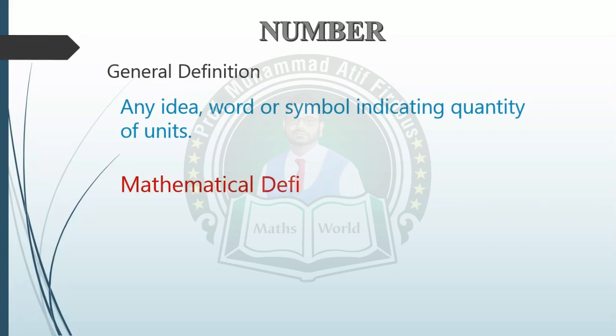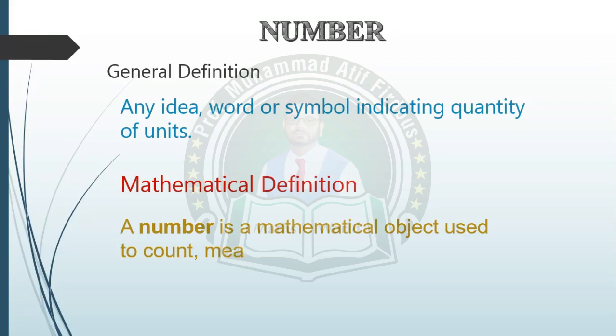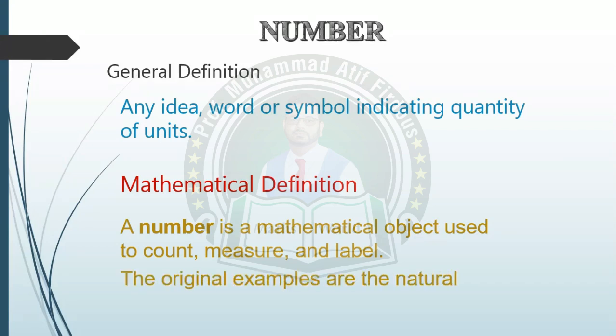The mathematical definition is: a number is a mathematical object used to count, measure and label. The original examples are the natural numbers, for example 1, 2, 3 and so on.